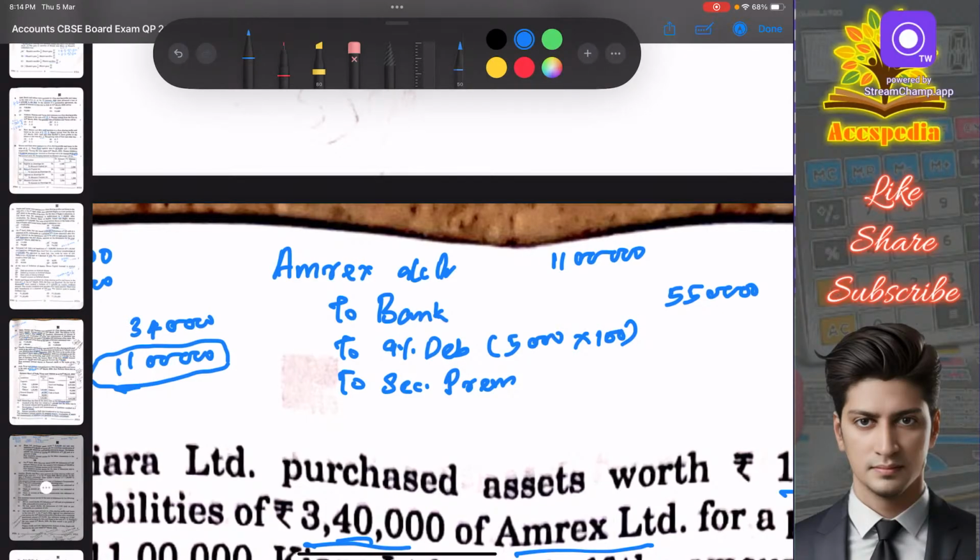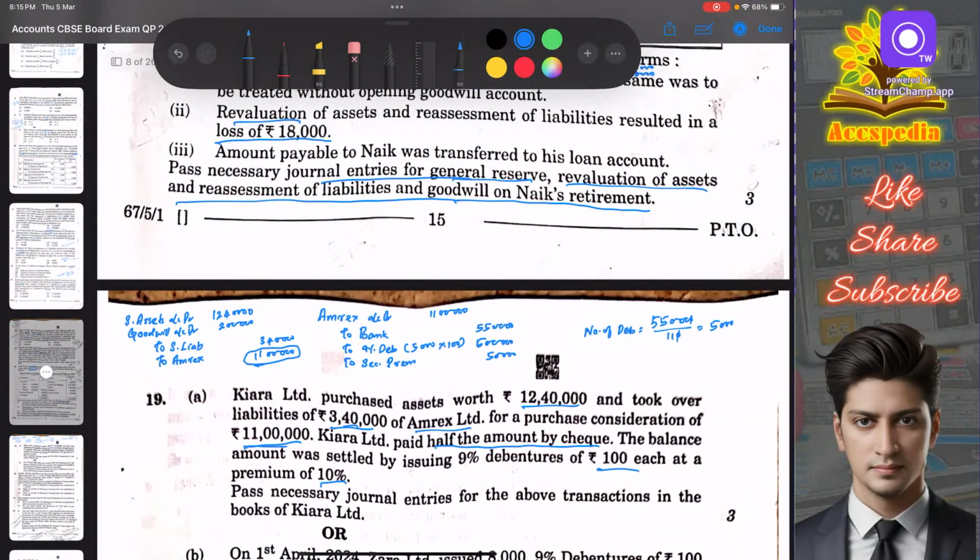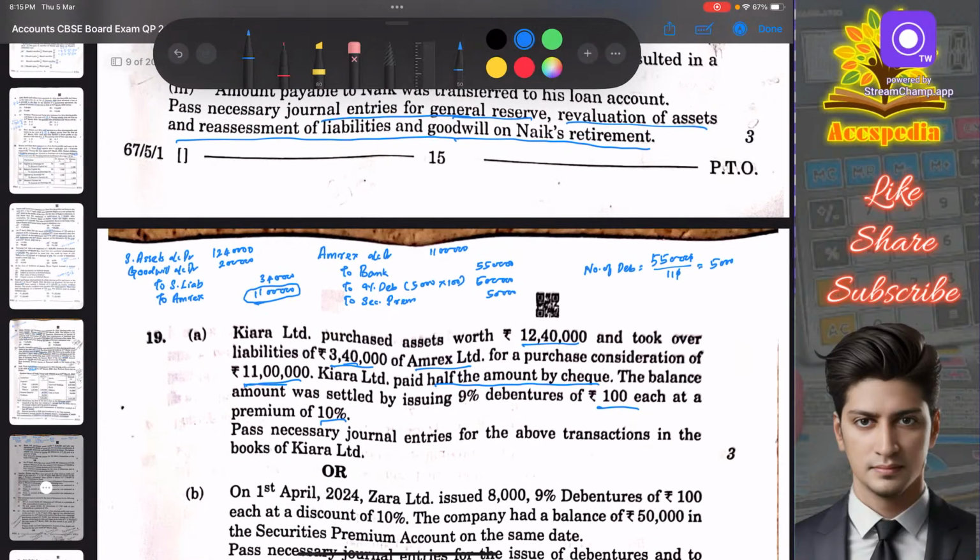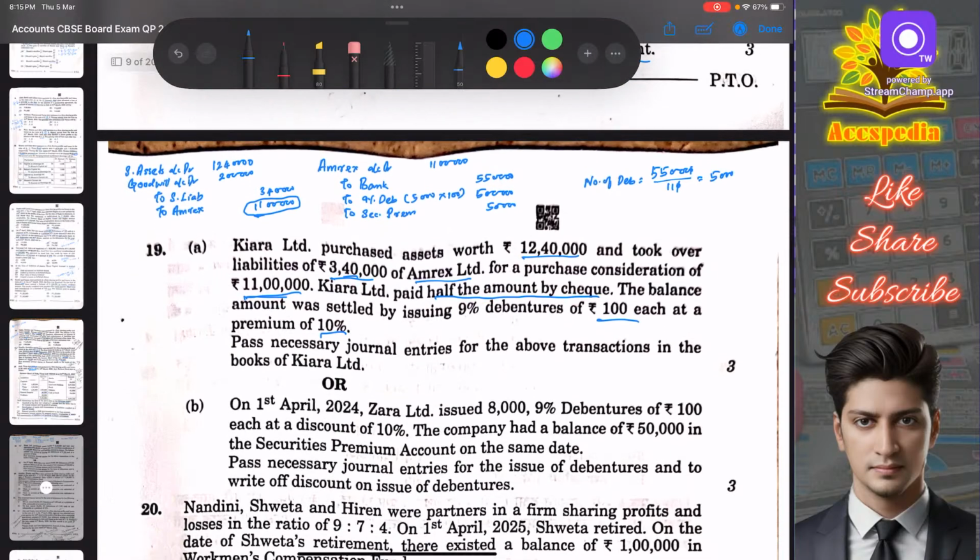Remember, 9% debenture should always be credited with face value. Your face value is 100, so 5 lakh, and premium is 5,000 into 10, 50,000. 11 lakh tally. So these are the entries. 2 entries, 2 marks, and that calculation of the number of debentures, 1 mark.